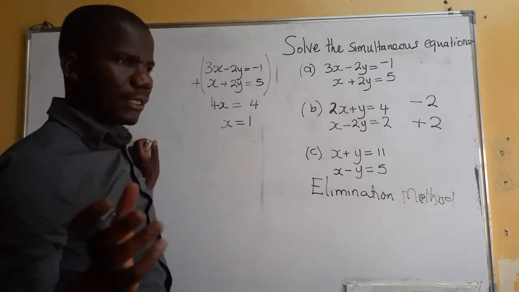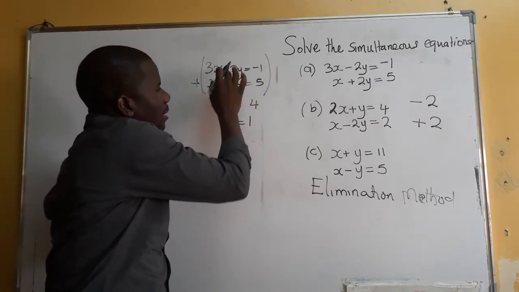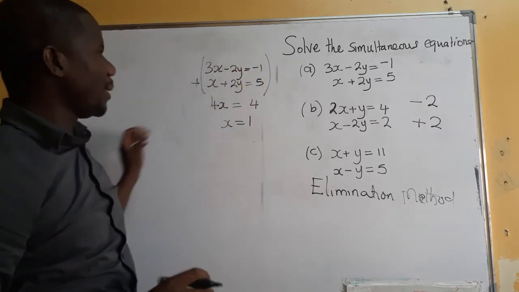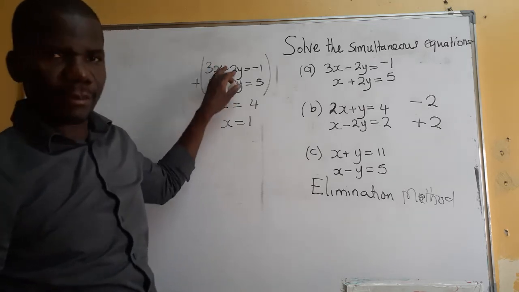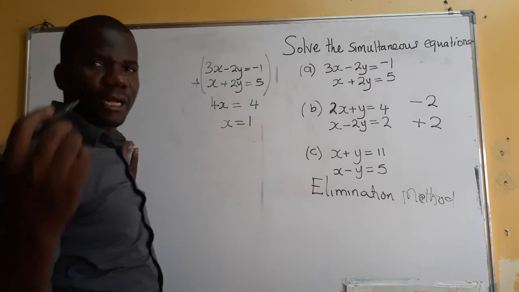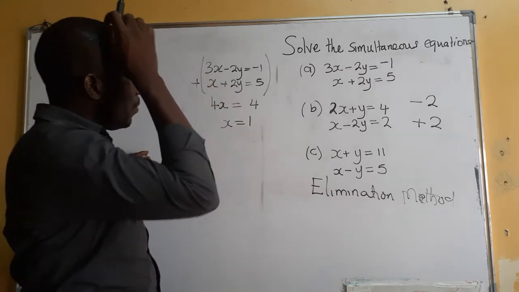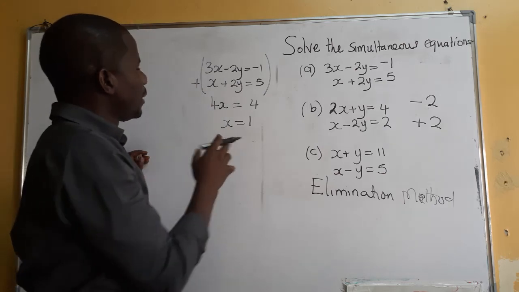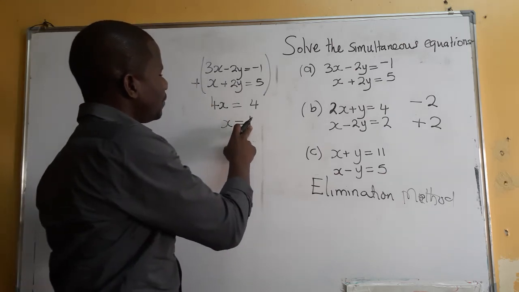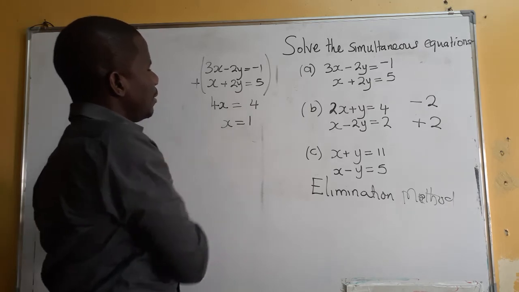After we have done that, we go back to either of these two equations. You can pick either the first one or the second one, so that you find the value of y. Where there is x, you'll be able to put 1.